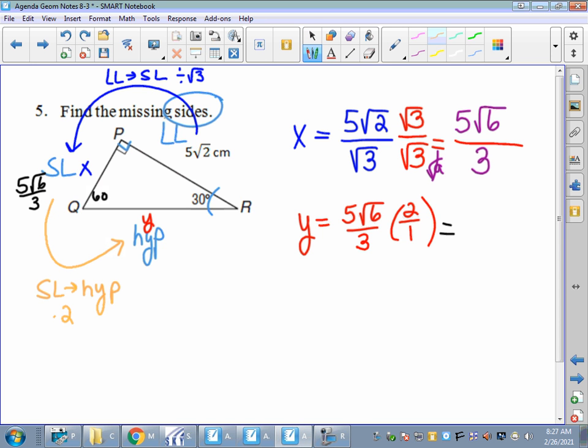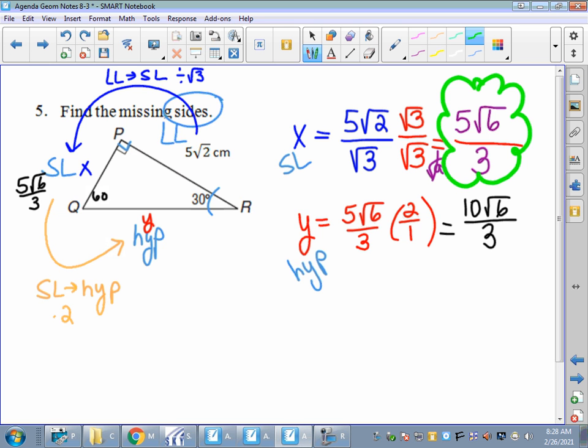So 5 square roots of 6 times 2, so the outside stuff, the non-radical, 5 times 2 becomes 10. Stick the square root of 6 on it. 3 times 1 in the denominator is 3. So my short leg ends up being 5 square roots of 6 over 3. My hypotenuse ends up being 10 square roots of 6 over 3. Again, it's not pretty, but it's correct, and thankfully, it's complete.